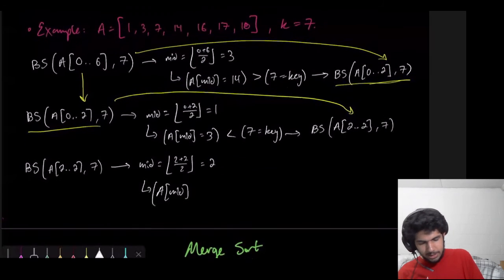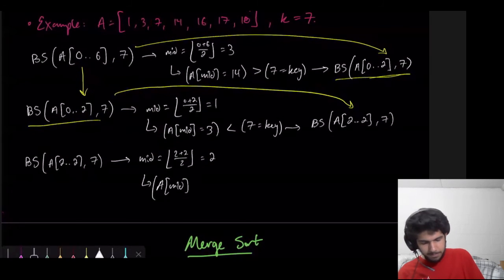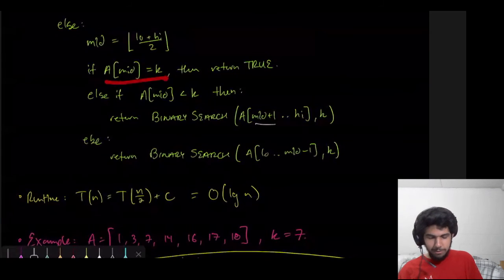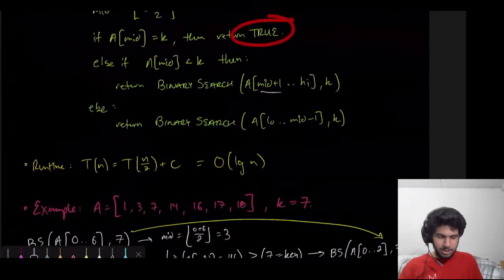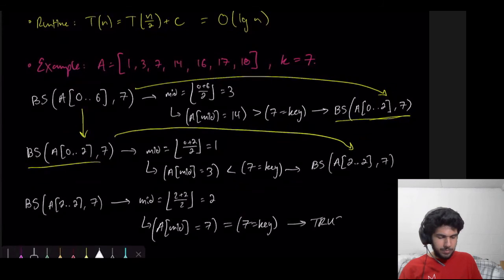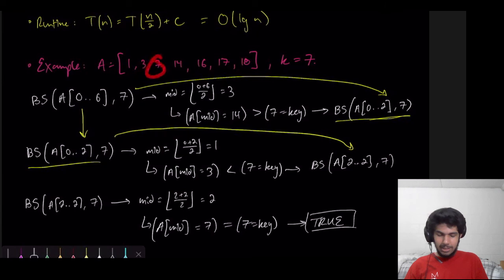A of mid is equal to 7. And that indeed is equal to 7, which is our key. If we scroll up, if we hit that case, then we return true. So this returns true. And that's what we expected, because 7 is contained in our array, and that's the thing we're trying to search for.